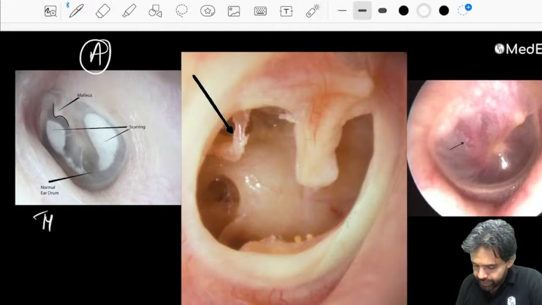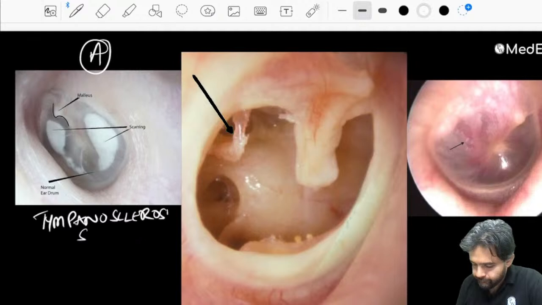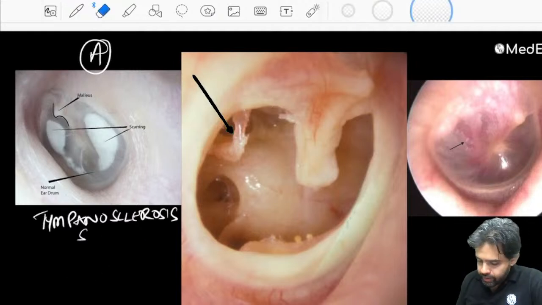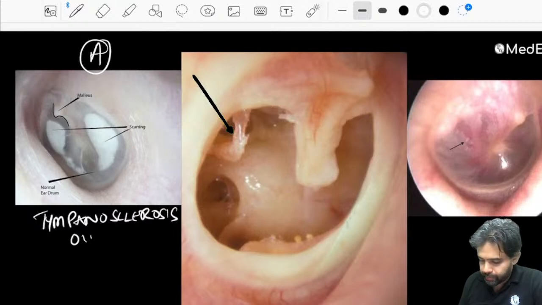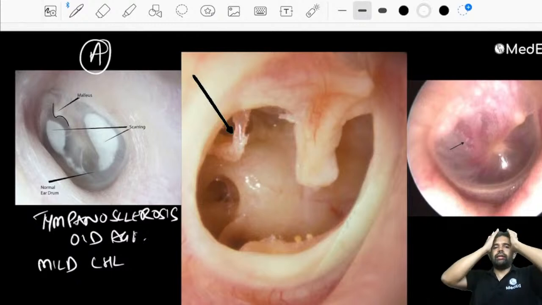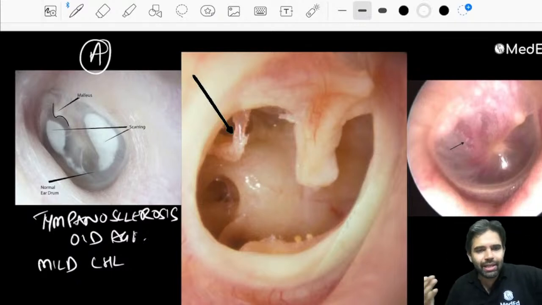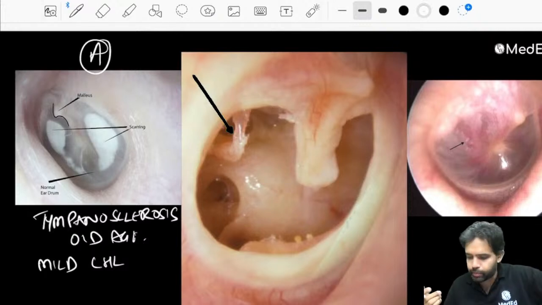This is called tympanosclerosis. Tympanosclerosis is calcium deposition, usually seen in old age, and it presents with very mild conductive hearing loss. Nothing needs to be done in terms of treatment. It's just basically scarring. It could be a healed tympanic membrane or just some calcium deposition.